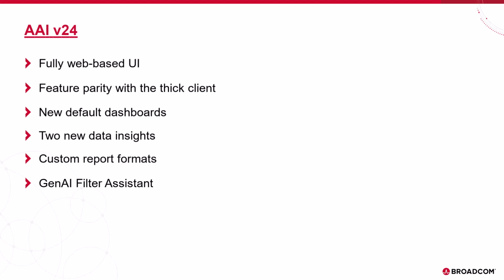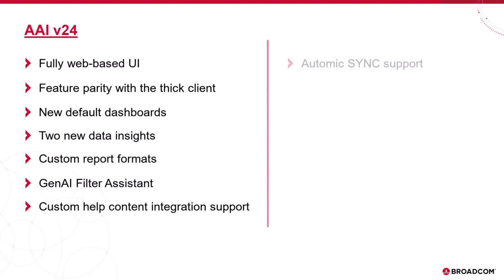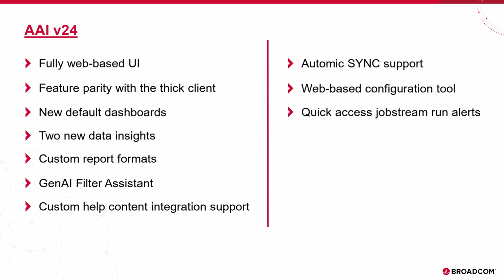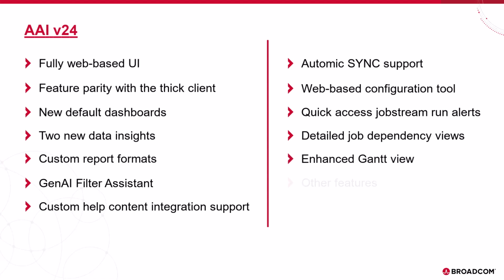We've also added support for custom help content integration, atomic sync, and a web-based configuration tool. Additionally, the update brings improved job dependency views, an enhanced Gantt view, and other valuable features to streamline integration and support.